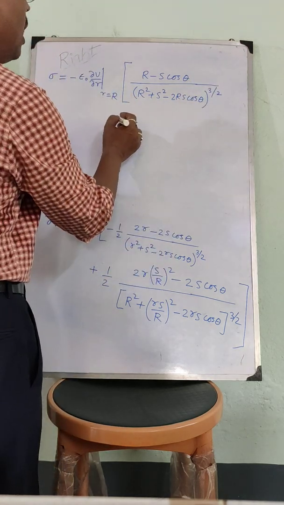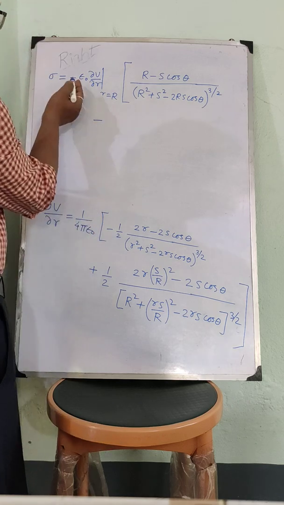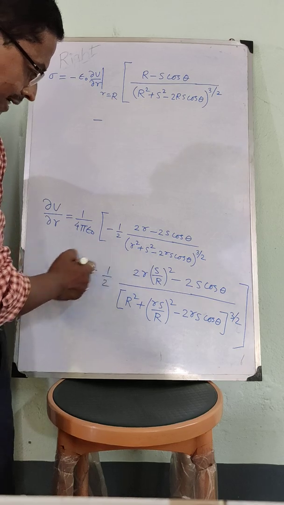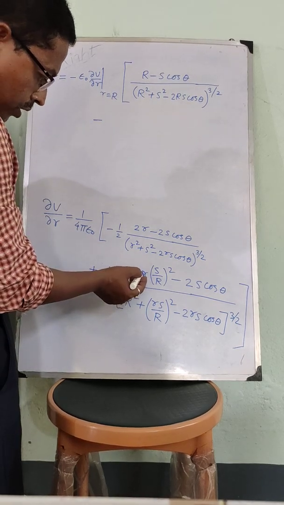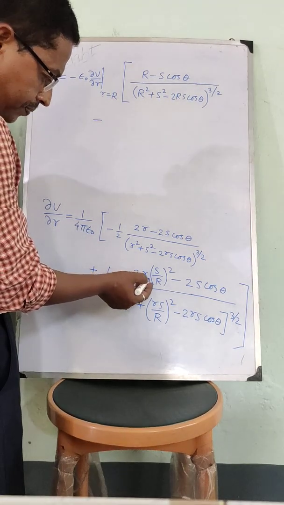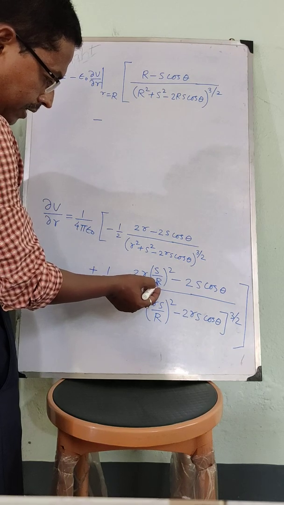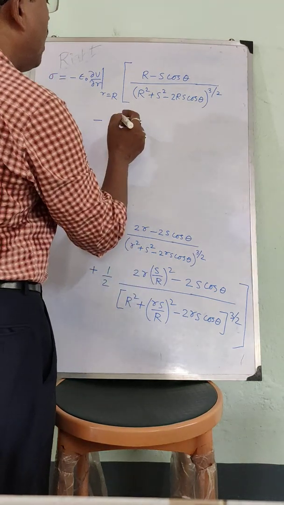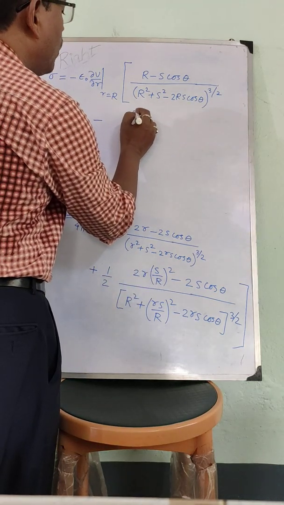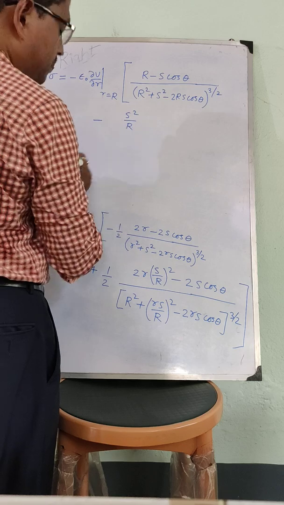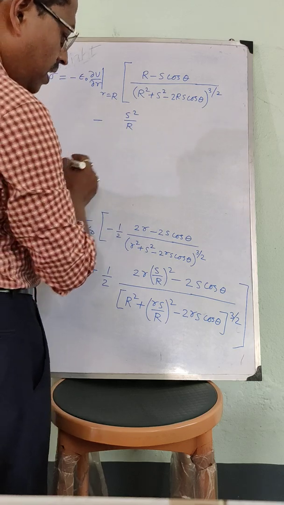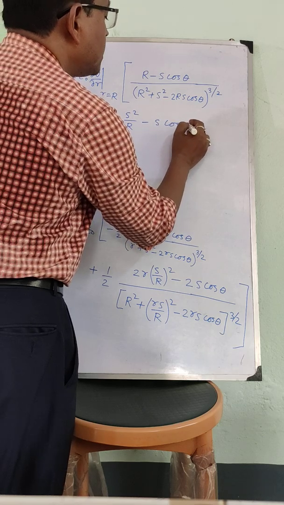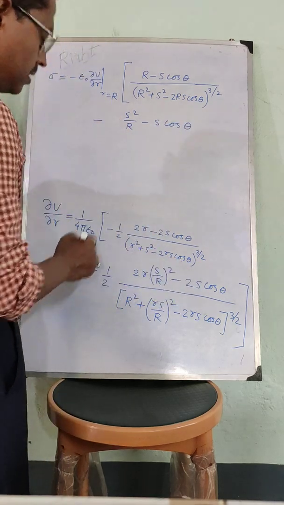Then I will have minus sign, because this minus will make this plus sign to be minus. Now these two cancel. Now if you put small r equal to capital R, in the denominator I have capital R square, so it will be s square by capital R, so s square by capital R minus s cos theta, 2 will cancel.